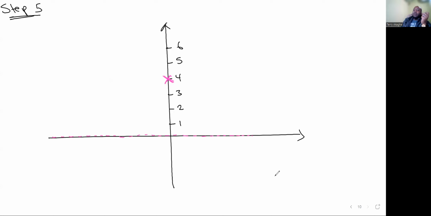We're expecting it to be decreasing, so the curve should come this way, all the way down here, down this. And that is how the curve will look for that.